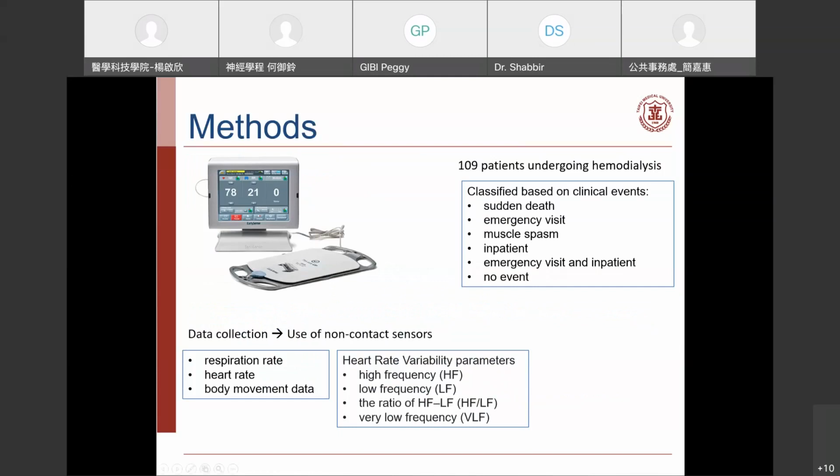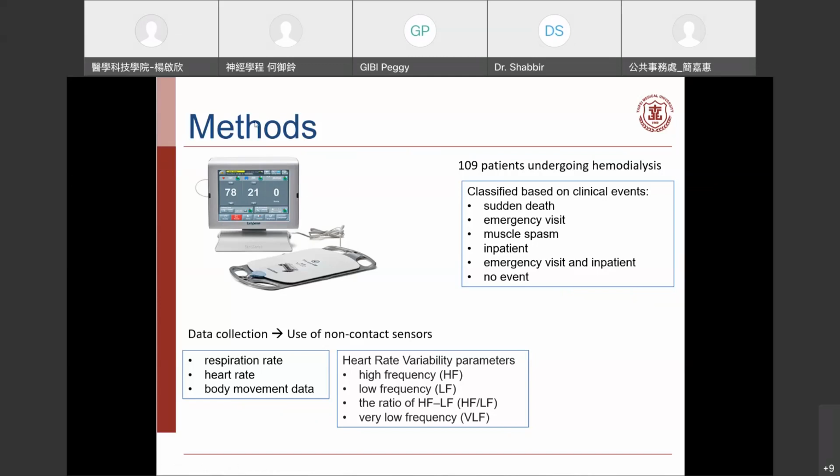However, we can see heart rate, respiration rate and movement. You see, 78 is the heart rate, 21 is the respiration rate, 0 is the movement. If the patient is not moving, it will show 0. If the patient is moving, it shows 1, 2, up to 2, 3 digits. That means 3 is so much restless.